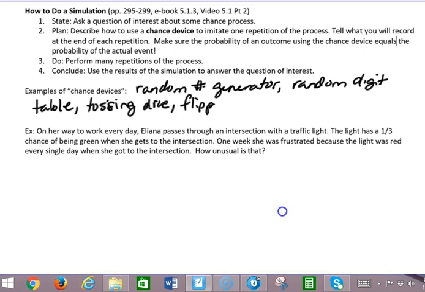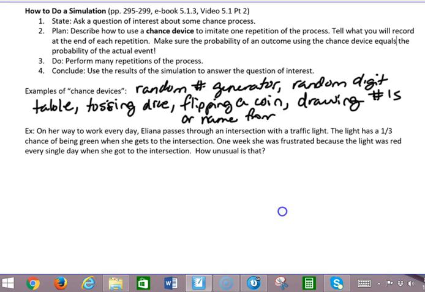Those are all random chance events. It could also be drawing numbers or names from a hat. All of those examples are random processes that we can use to do a simulation.